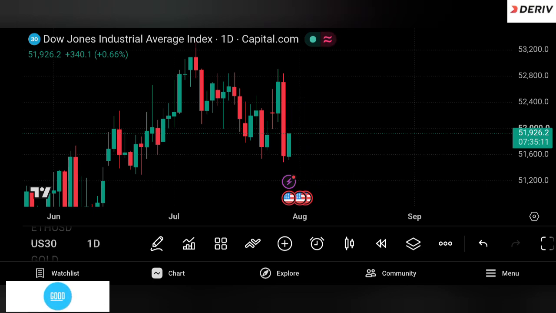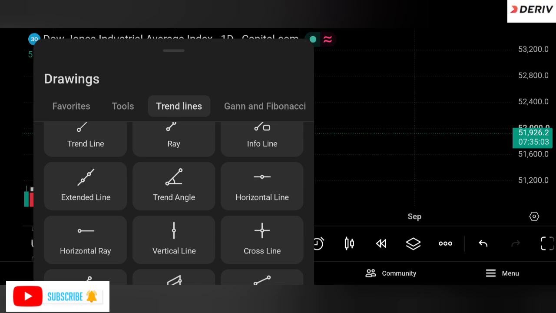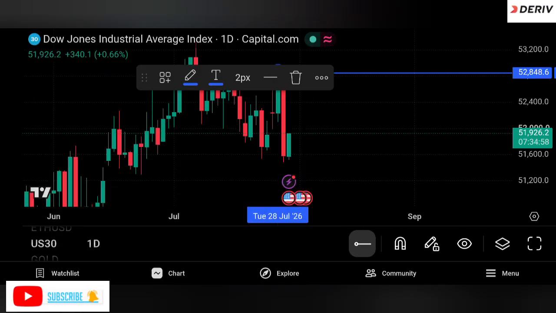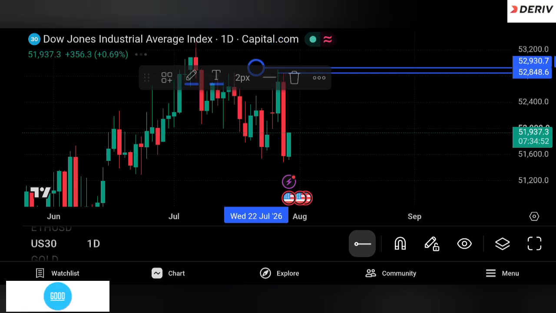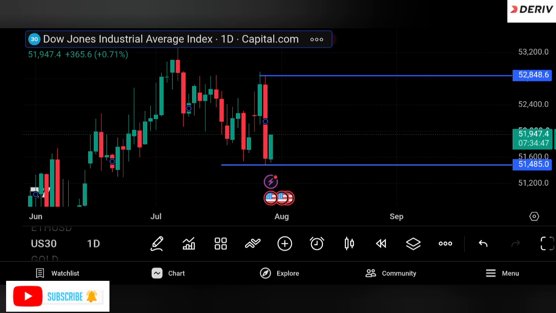So meaning that we need to mark right now so that we can see where the market is heading to. Let's just mark our high here and we mark the low of the previous candlestick.